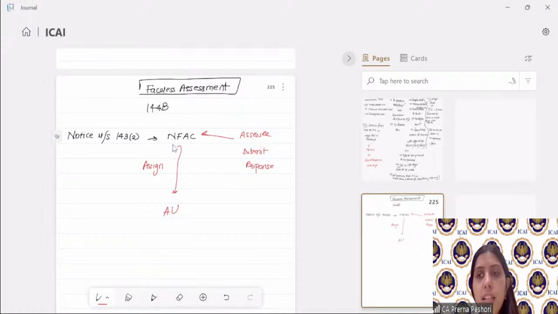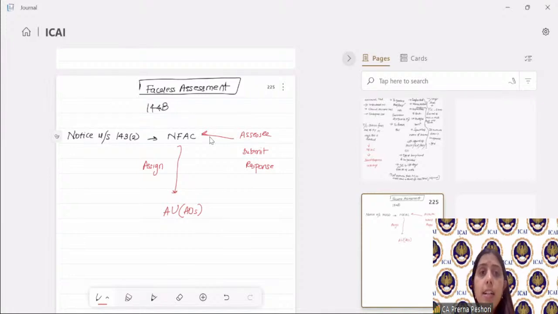So National Faceless Assessment Center, NFAC, is the middle point between the assessing officer and the assessee. NFAC is just a centralized point, right? Now, assessment will be done by the AU only, where the assessing officers are situated.